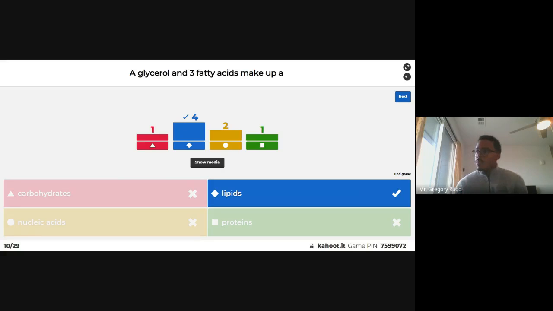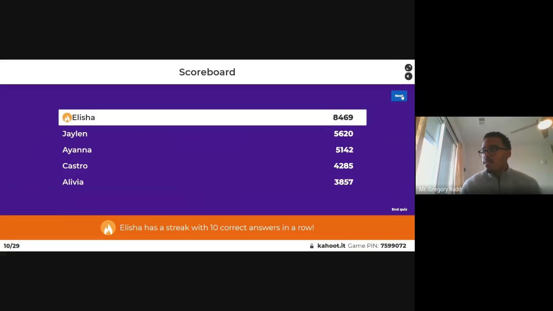That was a little more tough, it looks like, than some of the previous questions. But lipids are the polymer, and then the monomer would be glycerol and 3 fatty acids.